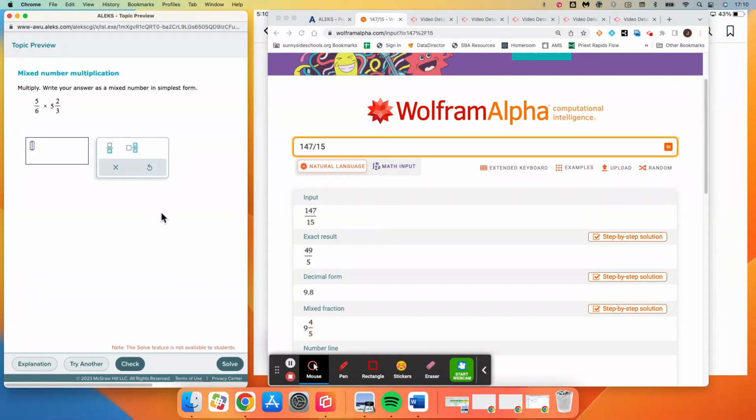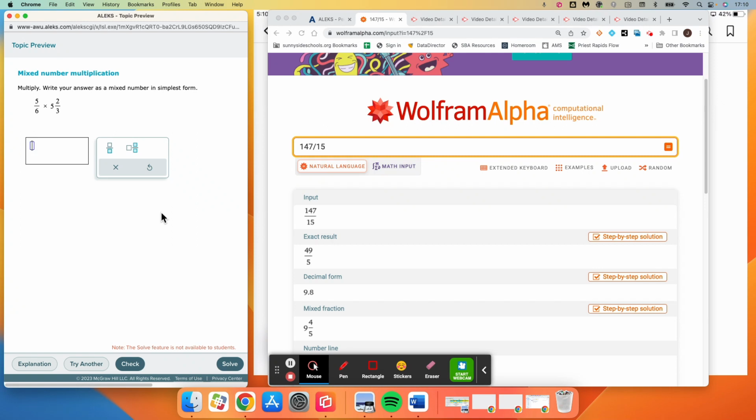Okay. Next one, we have 5 over 6 times 5 and 2/3. So we do need to convert the mixed number into an improper fraction for this to work. So 5 over 6 times 3 times 5 is 15 plus 2 is 17 over 3.